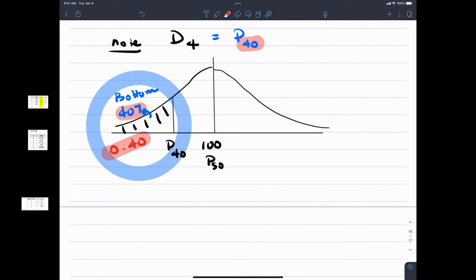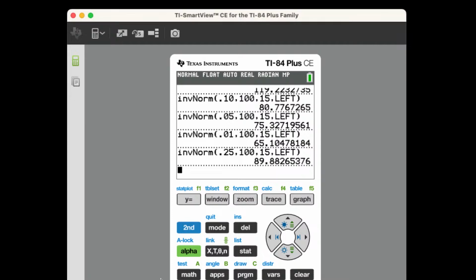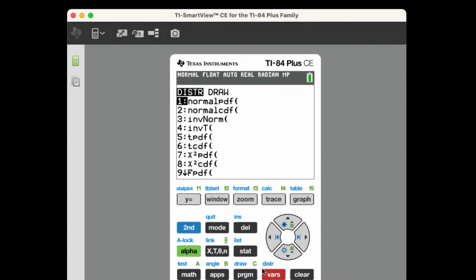You're going to have to use the inverse norm key now, because this becomes the bottom 40%. So they're asking you, what number represents that bottom 40% for IQ scores? So again, in the TI, you go to what's this key again?